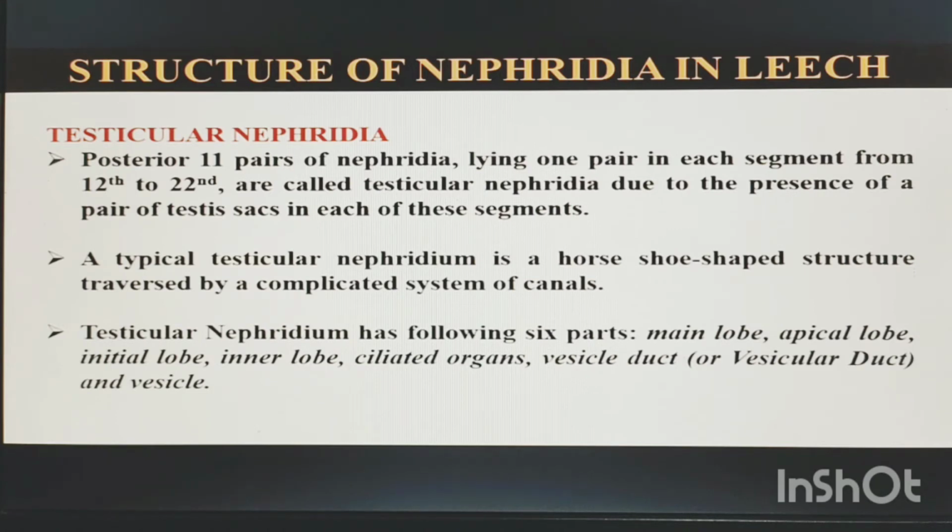A typical testicular nephridium is a horseshoe-shaped structure traversed by a complicated system of canals. Testicular nephridium has the following 6 parts. First is main lobe, next is apical lobe, third is initial lobe, fourth is inner lobe, fifth ciliated organs, and sixth is vesicular duct and vesicle.